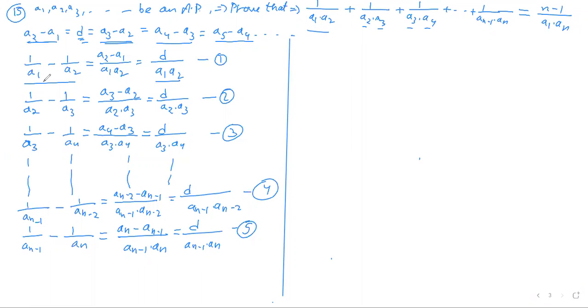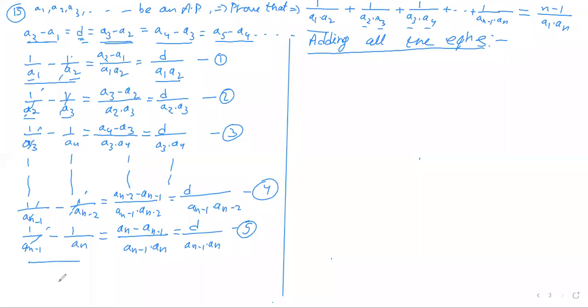Now, if we add all the equations, what do we get? On adding, we get 1 by a1 minus 1 by a2 plus 1 by a2 minus 1 by a3. Very clearly, 1 by a2 and 1 by a2 will cancel out, and 1 by a3 and 1 by a3 will cancel out. Finally, an minus 2, an minus 1.